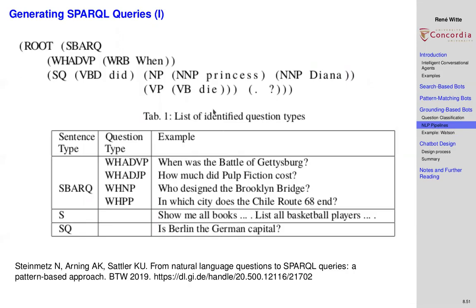So for generating the query, one input is the syntactic structure of the sentence, one possible input. So again, there is no single correct recipe. There are lots of different things people experimented with, starting from simple patterns that you apply to the input to more and more sophisticated, deeper analysis.